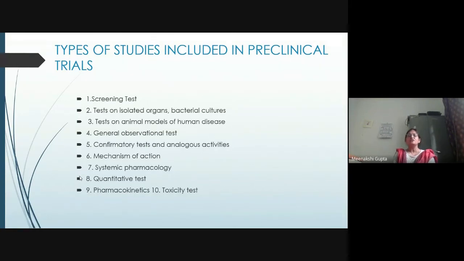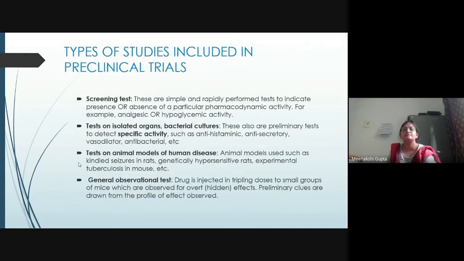These are the various kinds of studies done under the preclinical trials. We'll discuss a few of them in detail.